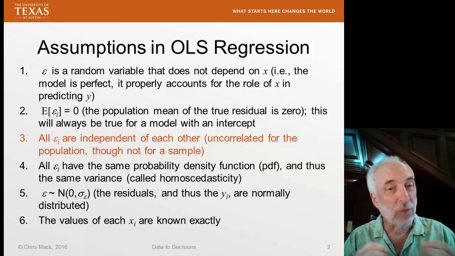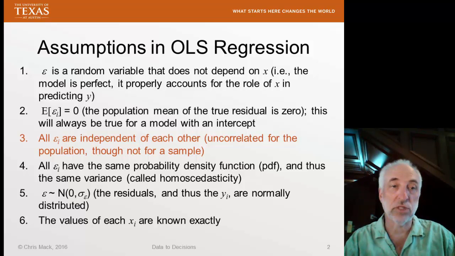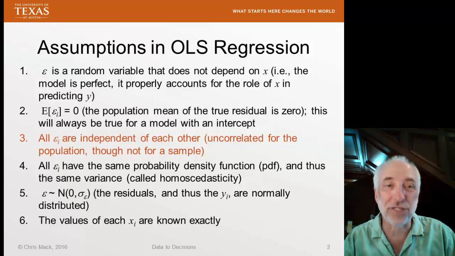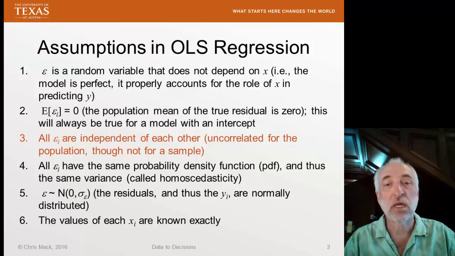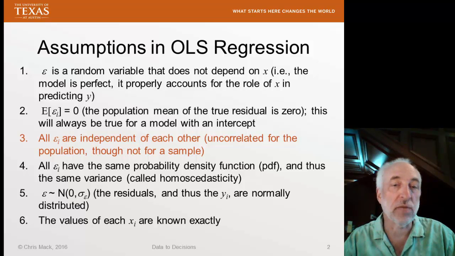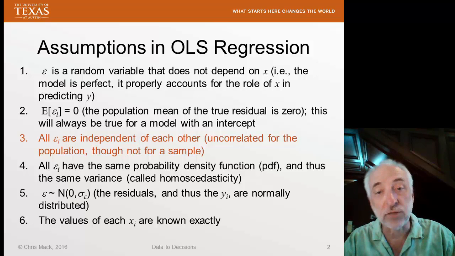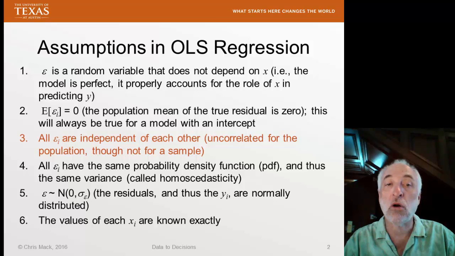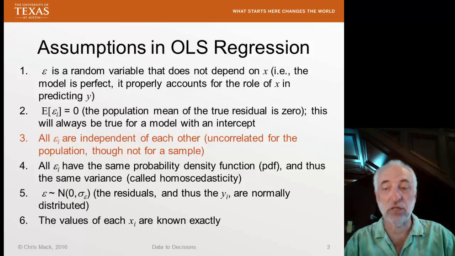We've assumed what we call IID residuals, independent and identically distributed. We've looked at the identical distribution idea in the past, in particular when we're talking about homoscedasticity versus heteroscedasticity. Now we're going to talk about independence. Are the residuals independent of each other?